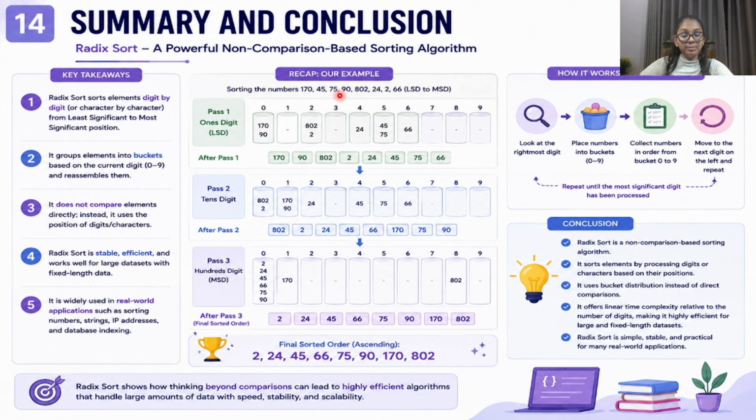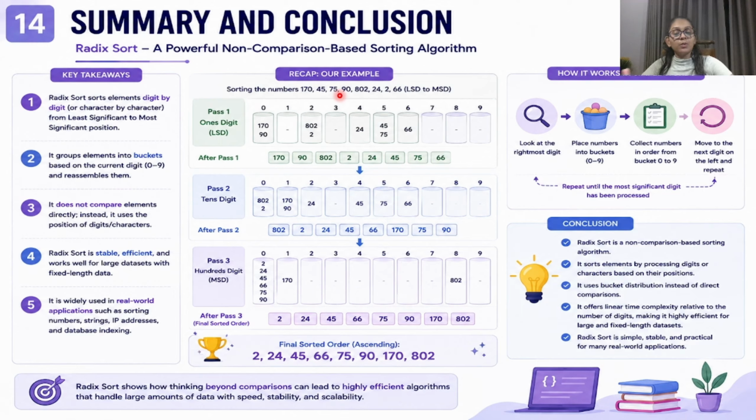In our example, we used the LSD approach, which means we started from the least significant digit and moved toward the most significant digit. We processed 3 positions: ones, tens, and hundreds. During each pass, the numbers were placed in buckets from 0 to 9 based on their current digit. Then we collected the buckets in order and used that result for the next pass.